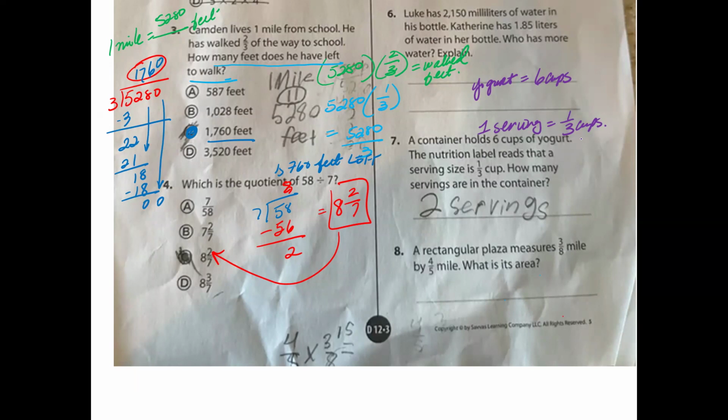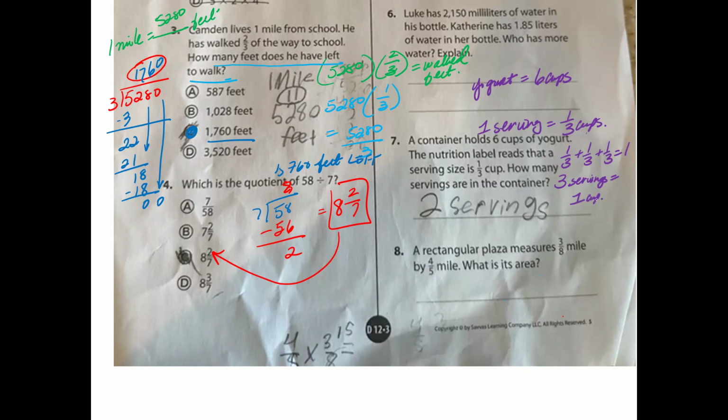So how many 1/3 of a cup is in 1 cup? Isn't there 1/3, 1/3, 1/3 equals 1 cup? Doesn't 1/3 plus 1/3 plus 1/3 equal 1? So there are 3 servings equals 1 cup. Do you see that?